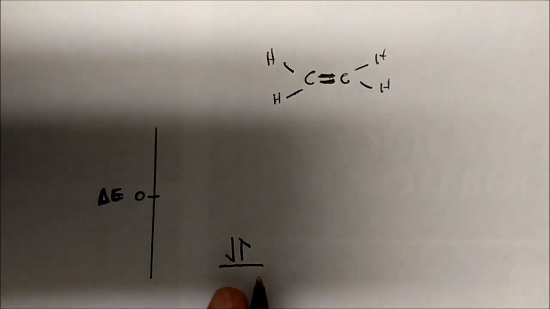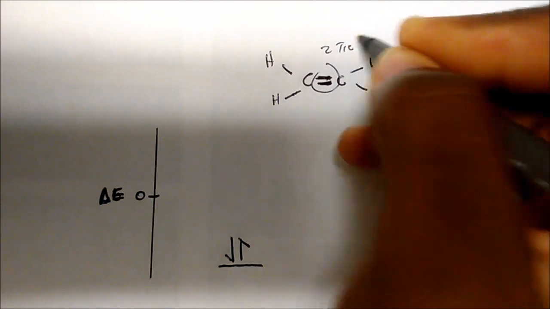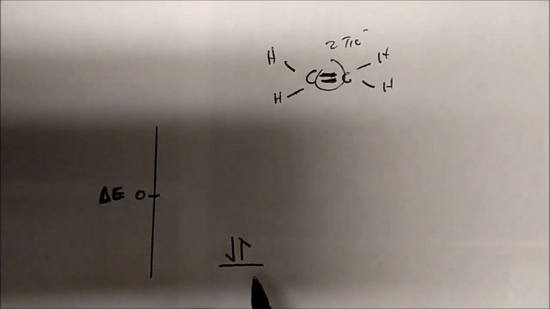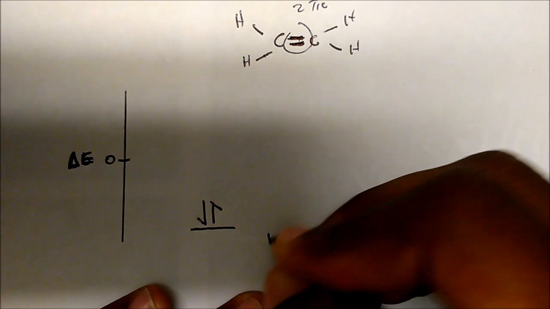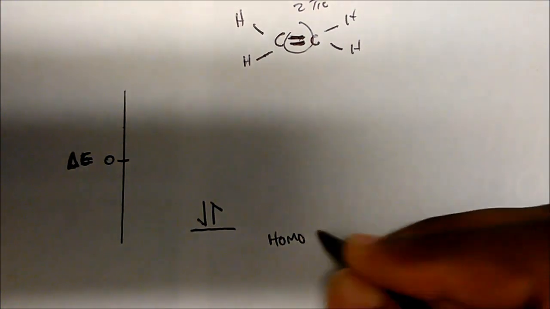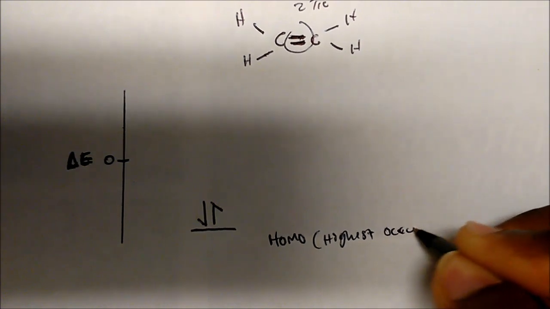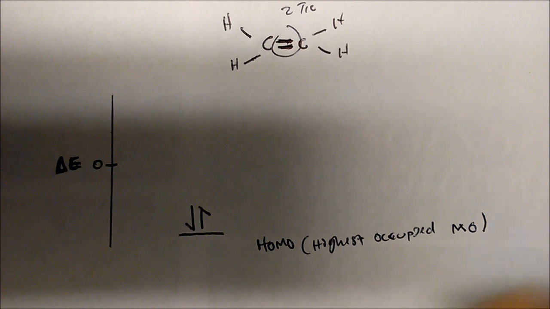Remember, they have to be anti-spin like this, which represent these two pi electrons here. Because we're showing maximum bonding in this orbital, this is what you'll commonly see referred to as HOMO, which stands for highest occupied molecular orbital. I'm just going to shorten that.